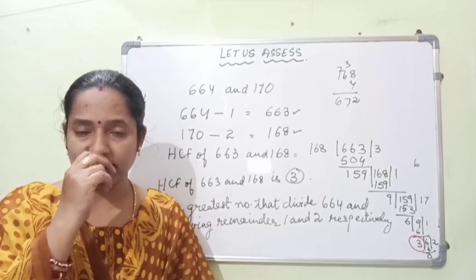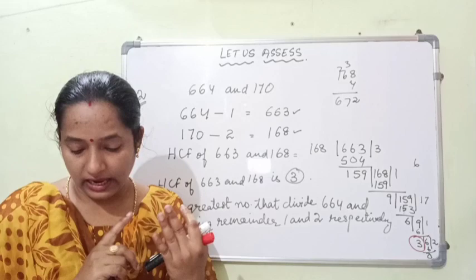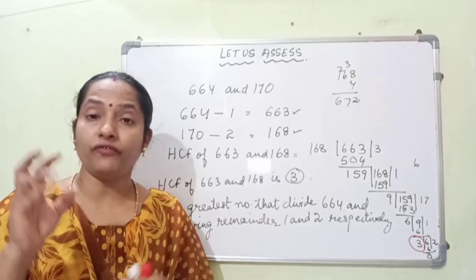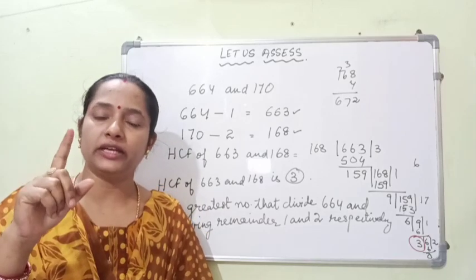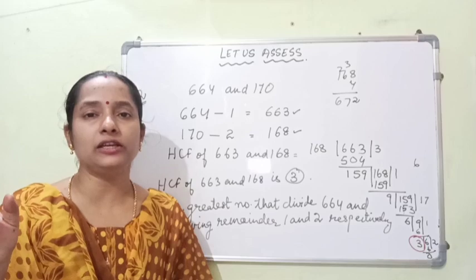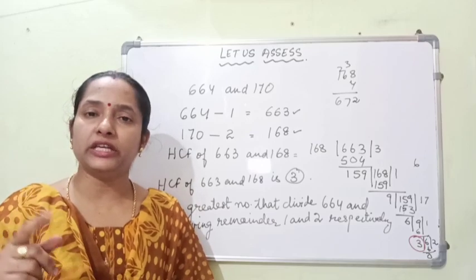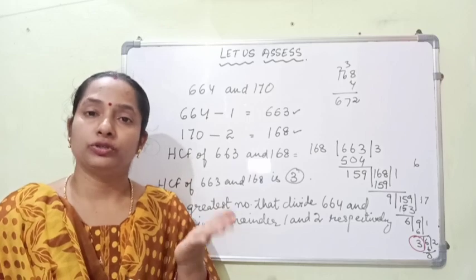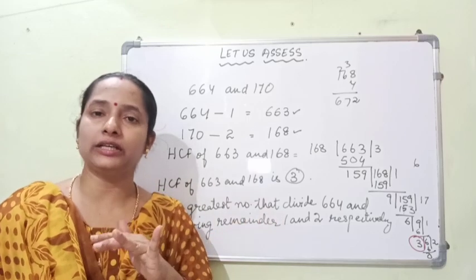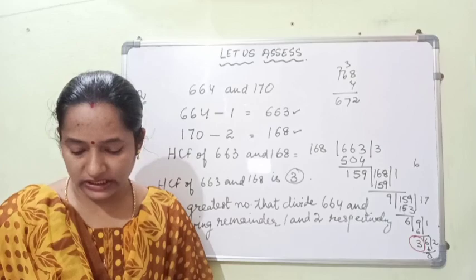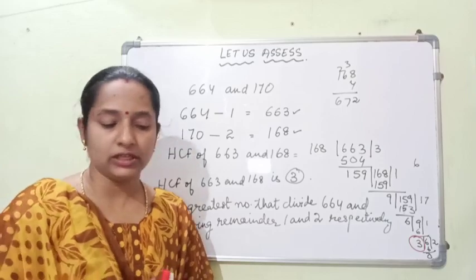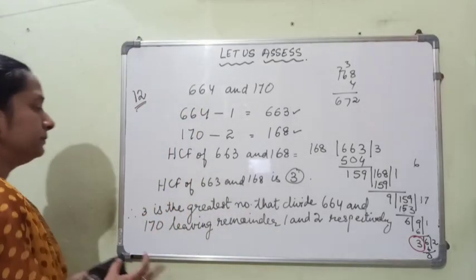Here the times are given in seconds and minutes too. So it is better for you to convert all the given time into seconds and then do it. So let's solve this one also.